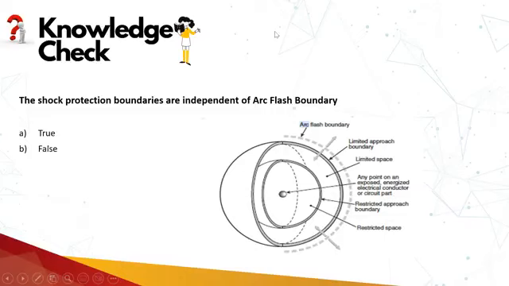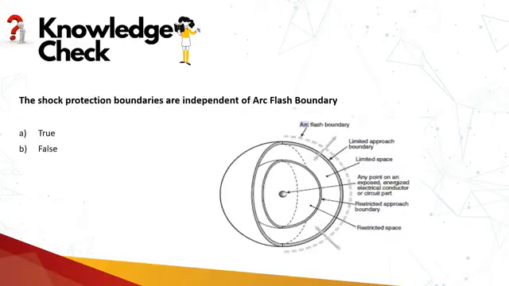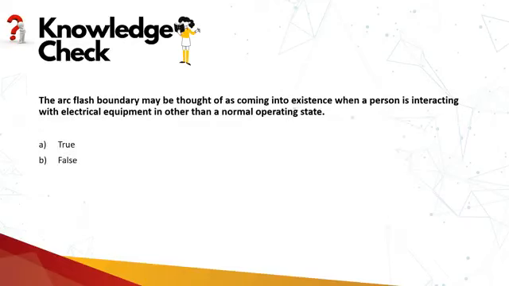Yeah, it's true. The shock protection boundaries are independent of the arc flash boundary. An arc flash boundary may be thought of as coming into existence when a person is interacting with electrical equipment in other than the norm. So in the exam, there won't be any true and false. These questions I have only put for the knowledge check and just to consolidate that you have absorbed the concept.